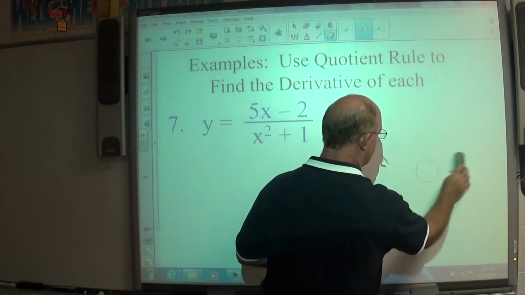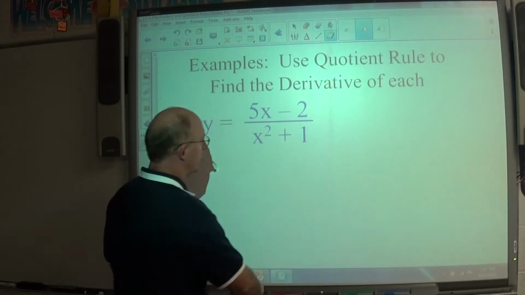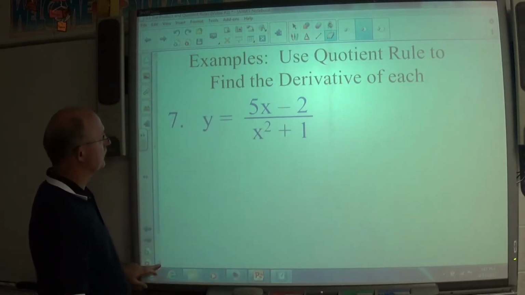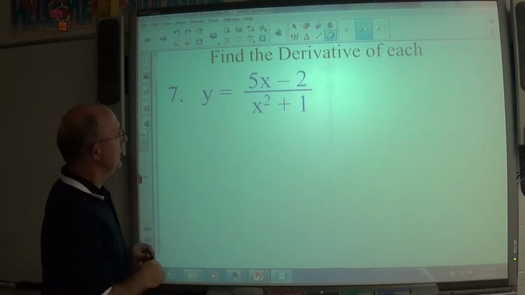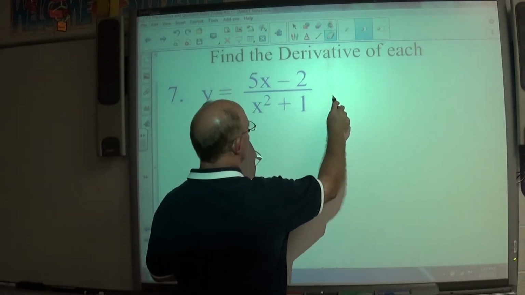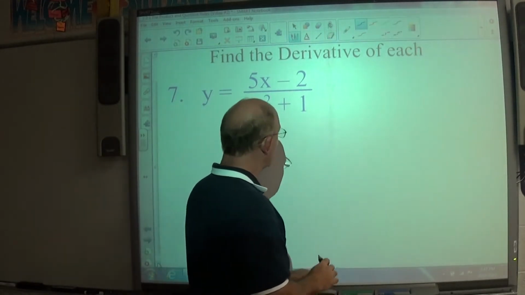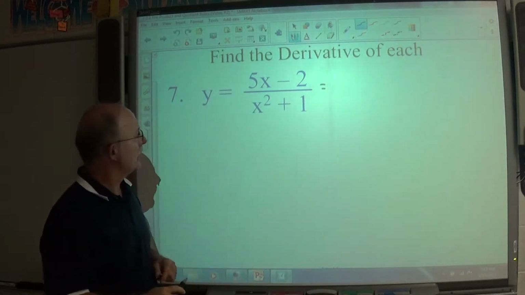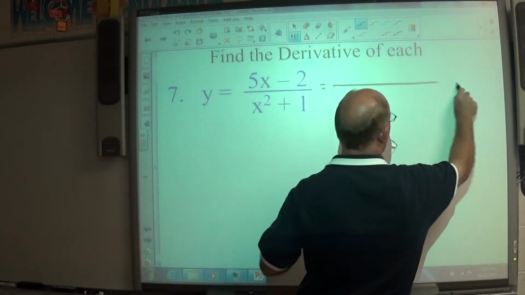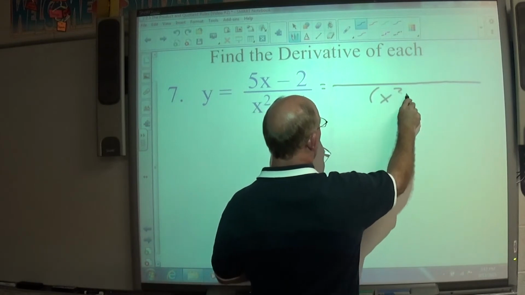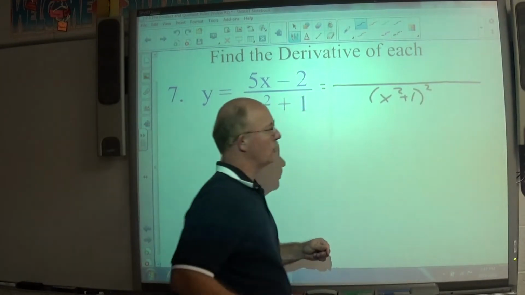Let's see if we get the correct derivative. As we set this up, this will be the bottom squared. So the bottom of your fraction here will be x squared plus 1 quantity squared.